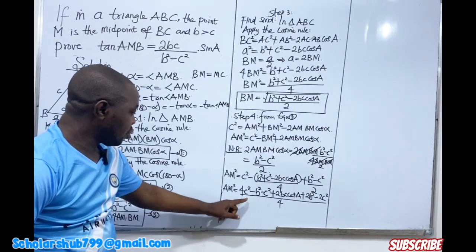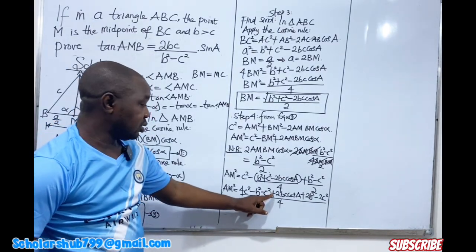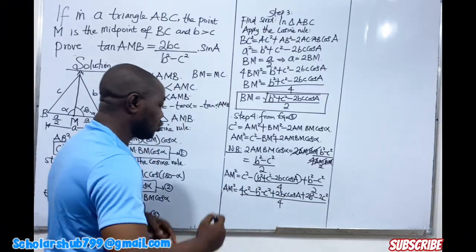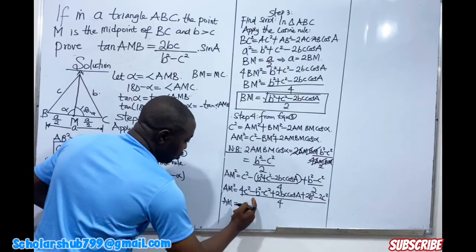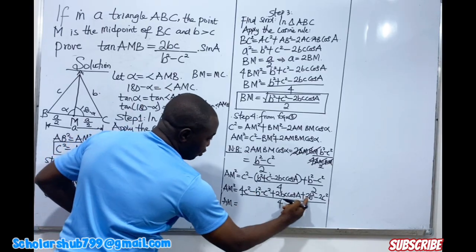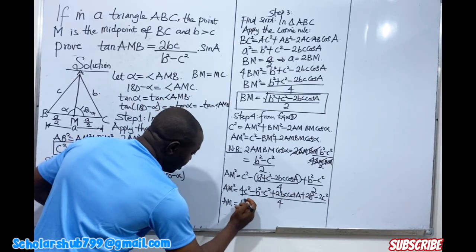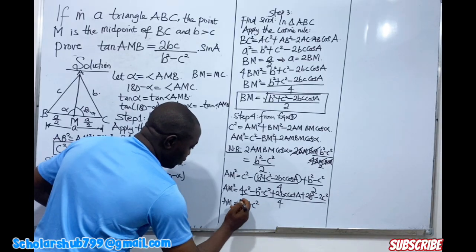Now 4c squared minus c squared, that will be 3c squared. 3c squared minus 2c squared will be c squared. Then minus b squared plus 2b squared, that will be b squared. So we have b squared plus c squared.